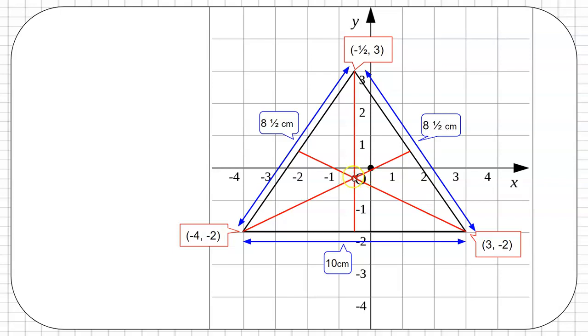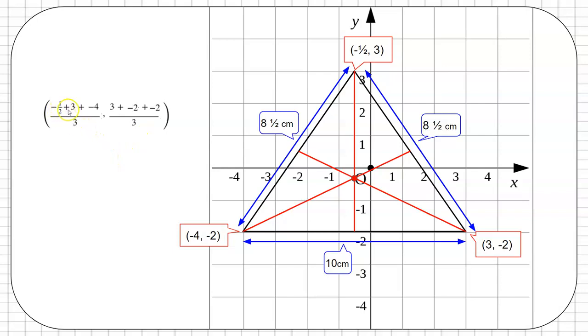To verify this, we can look at our equation. We put in the values negative 1/2 plus 3 plus negative 4 divided by 3, and the values 3 plus negative 2 plus negative 2 divided by 3.